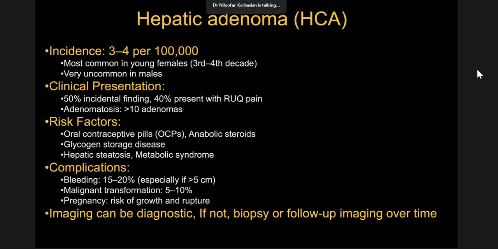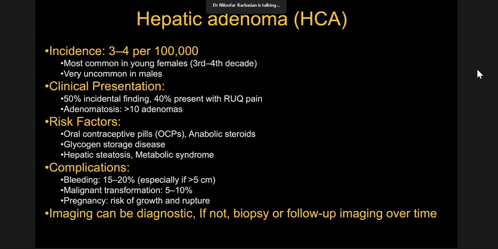Going back to our differentials, hepatic adenomas also happen about 3 to 4 per 100,000 cases, also common in young females, third to fourth decade, and they are very, very uncommon in males. There are very specific risk factors in males that can cause hepatic adenoma, particularly usage of steroids, and also glycogen storage disease can increase risk of adenoma in males.